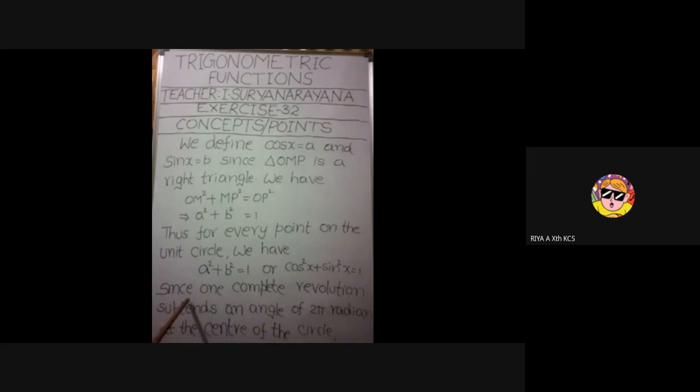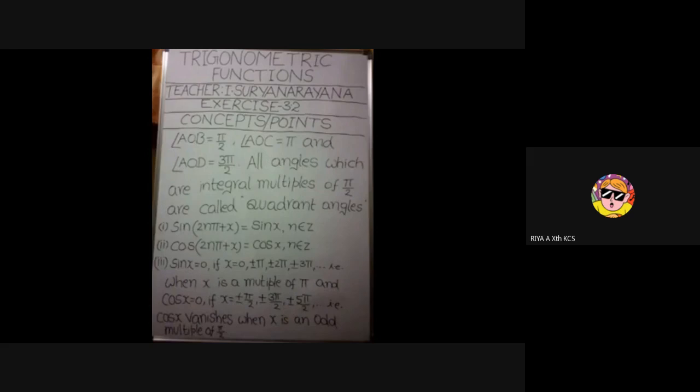Right. Since one complete revolution subtends an angle of 2 pi radian at the center of the circle, angle AOB is equal to pi by 2. From the figure we find angle AOB is equal to pi by 2, angle AOC is equal to pi, and angle AOD is equal to 3 pi by 2.